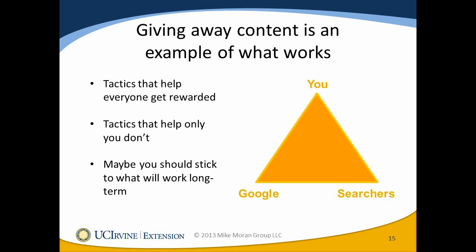A lot of people do things that only help themselves, the search marketer. And so all of those black hat SEO people, all those people creating what Google would call spam techniques, are out to help themselves, but they're not out to help the searchers, and they're certainly not out to help Google. So what do you think Google does?